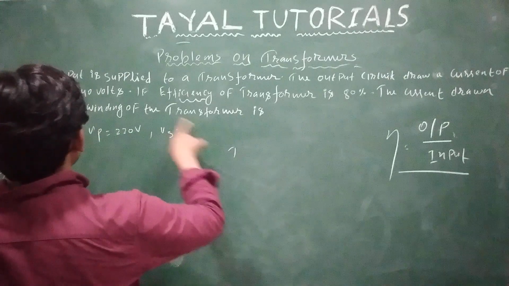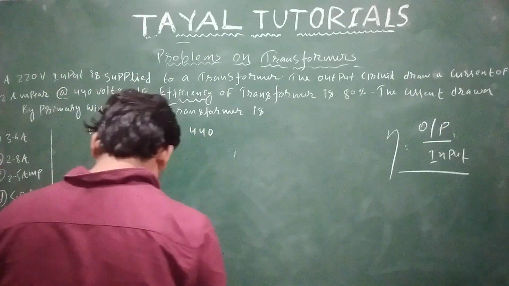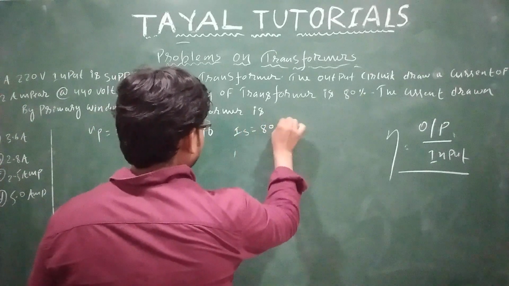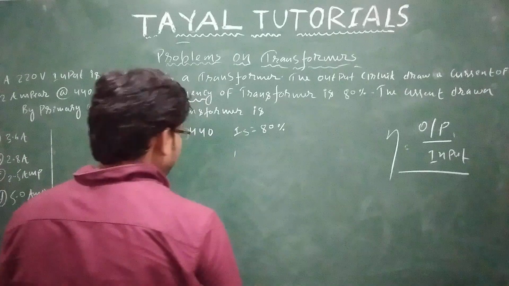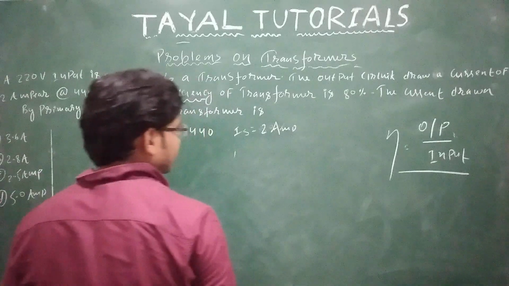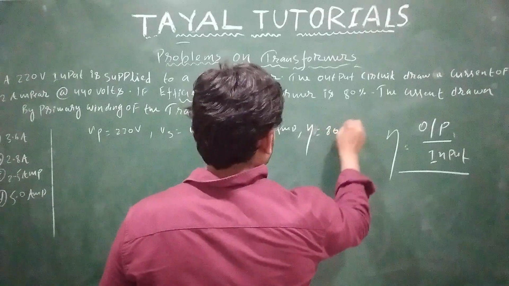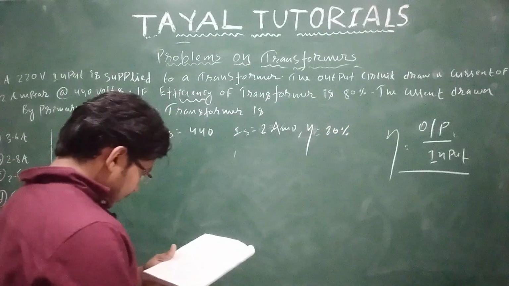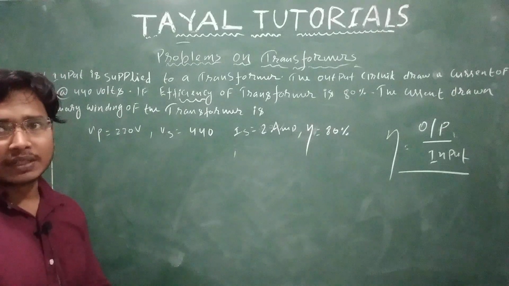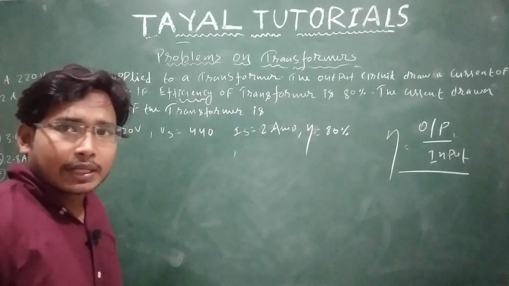Secondary current Is is equal to 2 ampere. Efficiency they have given 80%, and they are asking what is the value of your primary current Ip. So we know that efficiency is equal to output by input.